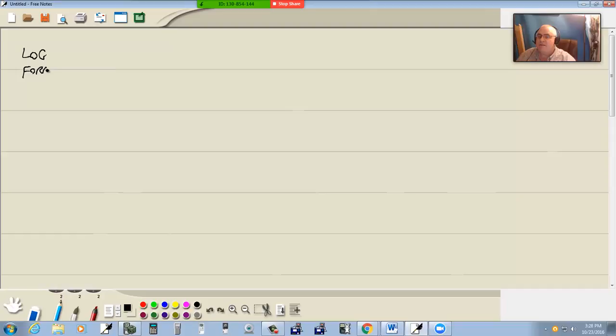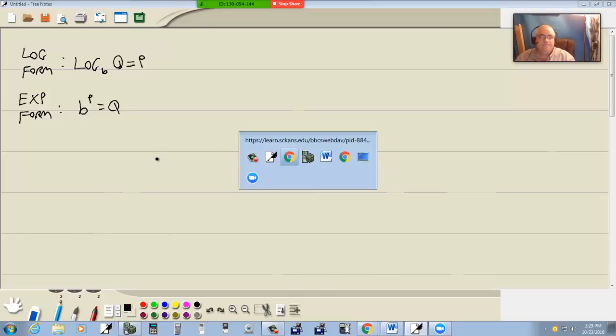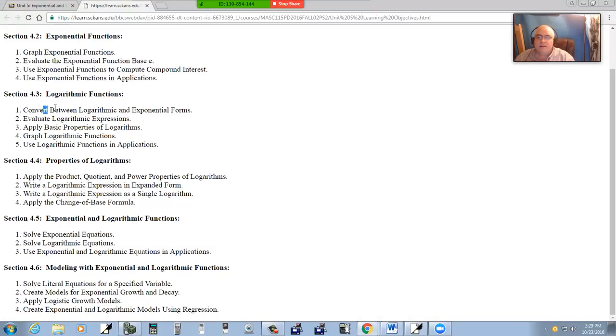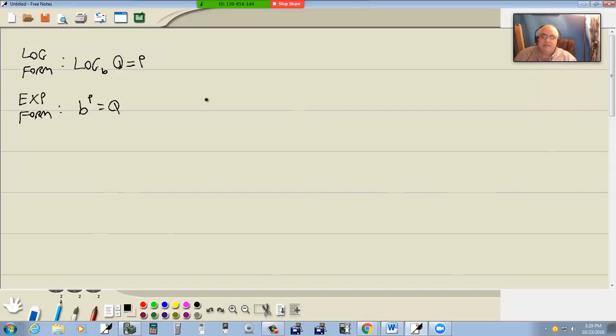We have a log form, which is log base b of q is equal to p. And we have our exponential form, which is the form b to the p is equal to q. Now this first topic, convert between log and exponential forms. Let's talk about that.